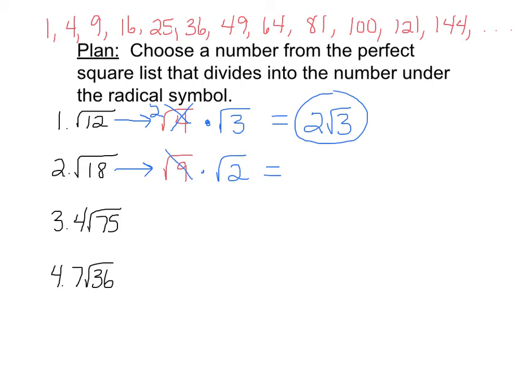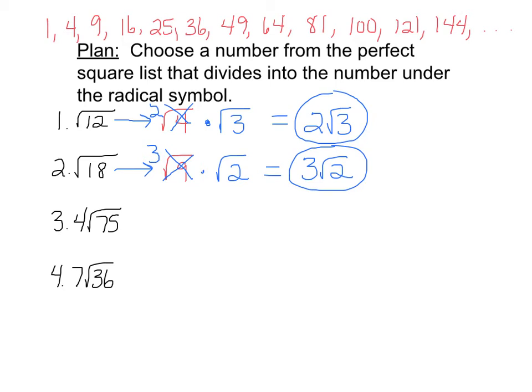I can take the square root of 9. The square root of 9 is nice regular 3. So if I take a regular 3 times a radical 2, just write them next to each other. I have 3 radical 2. So that is the simplified version of square root of 18.